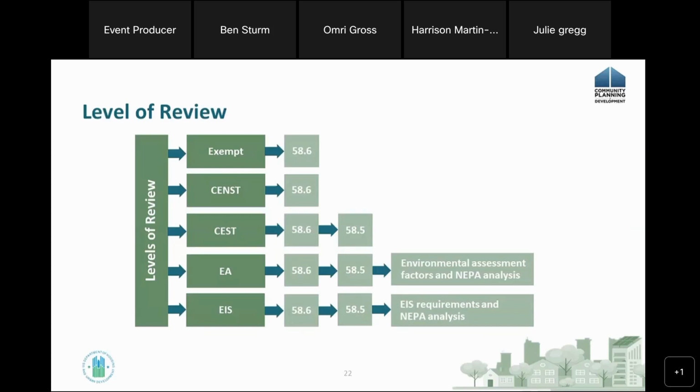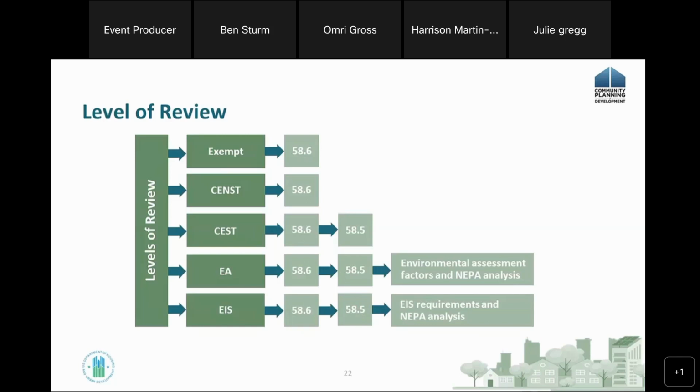We have exempt, categorically excluded, not subject to the laws and authorities under 58.5, or commonly referred to as CENST, categorically excluded and subject to 58.5, or CEST, environmental assessments, and the highest yet most uncommon level of review, environmental impact statements, EIS.